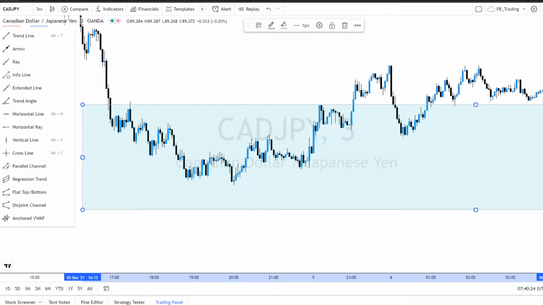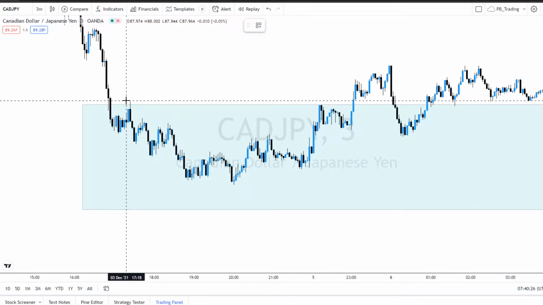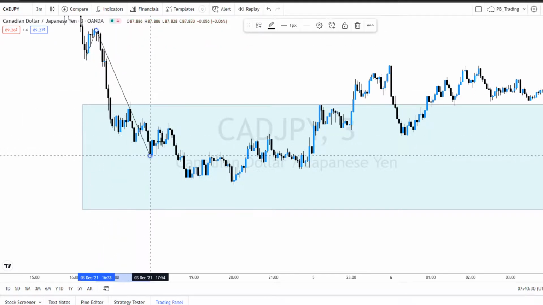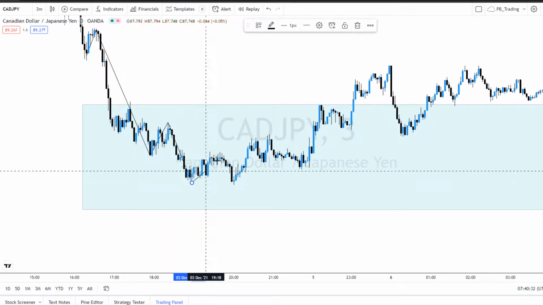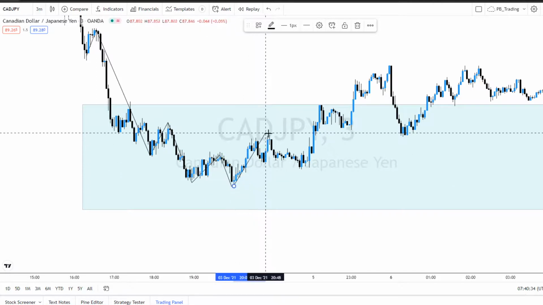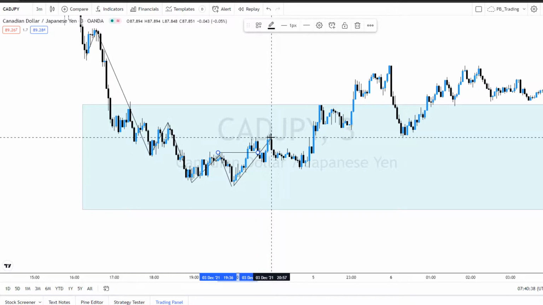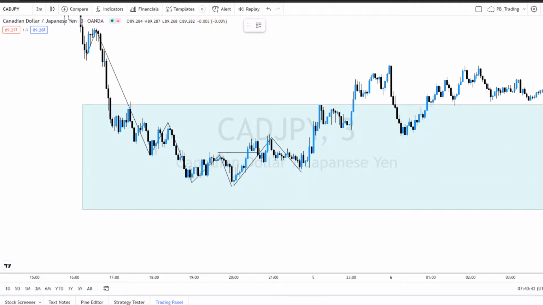Then you could see price in that pattern again. So 2, 3, 4, 5, 6, and then we have price breaking structure here at this point, and then pulling back to this order block here, this HOB here. You know what HOBs are?